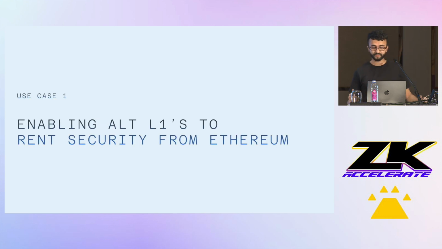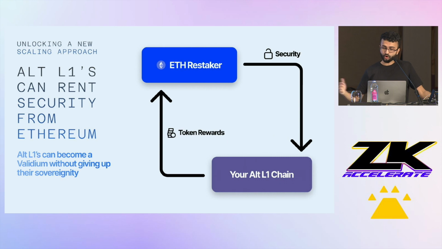So let's get started. The first use case I would like to present today, the one that's closest to my heart, is that if you are an alt L1, if you're running an L1, you can start renting security from the Ethereum blockchain using our technology. What does this even mean? It means that if you're an alt L1, you can start receiving proof-of-stake security from Ethereum restakers and pay them token rewards in return.